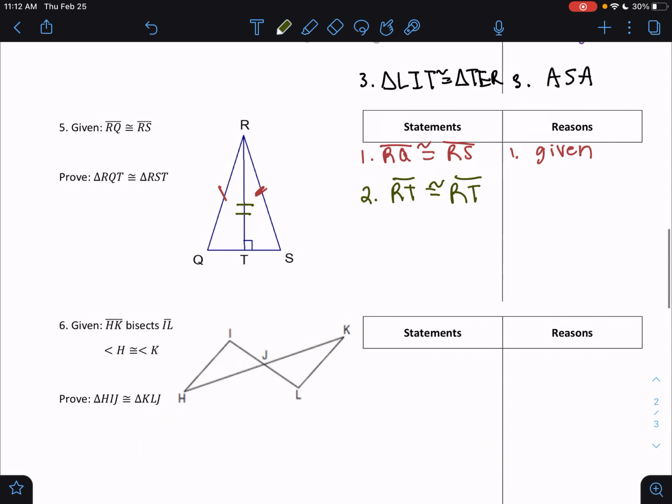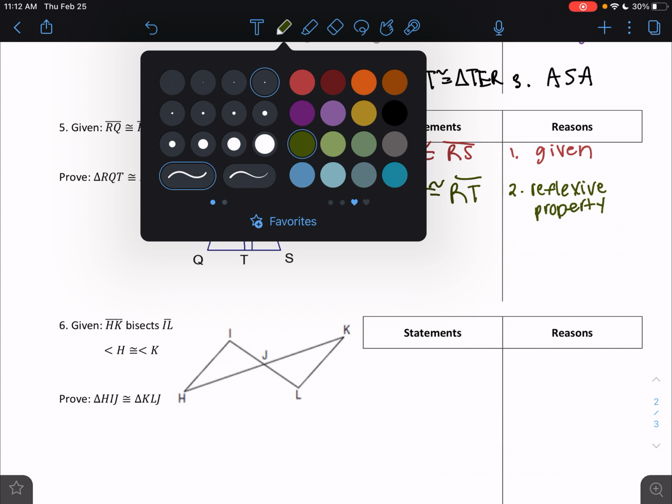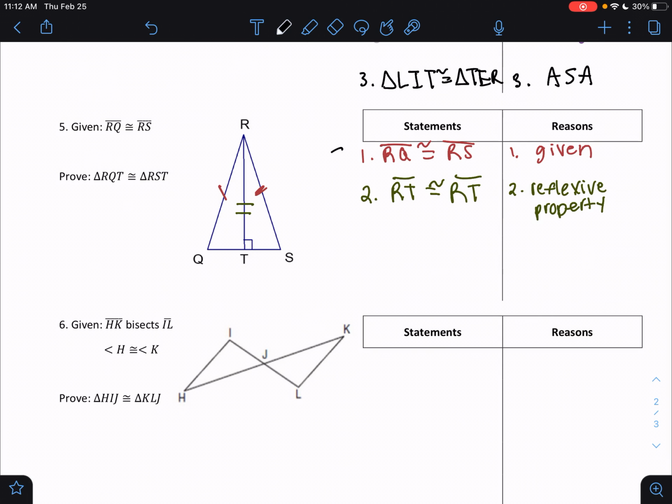See if there's anything that can be congruent to itself. Okay, so now I have a side and a side, and I need something else to be able to prove that it is congruent.